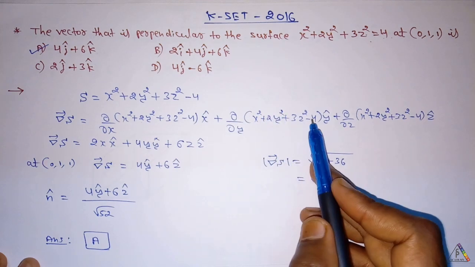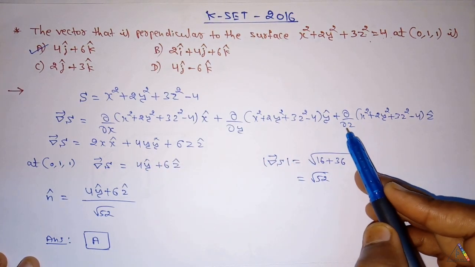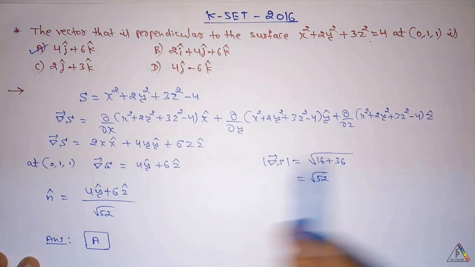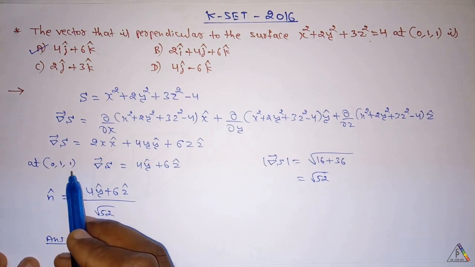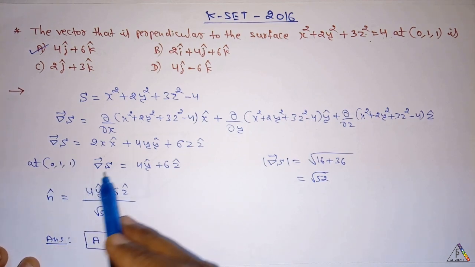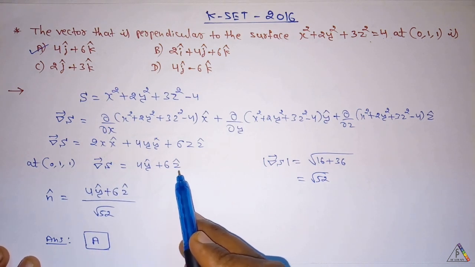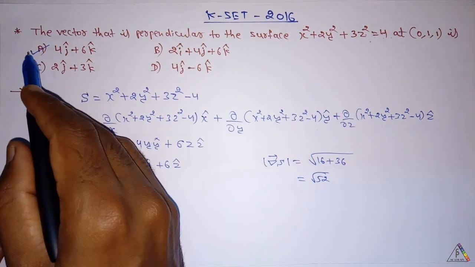Similarly, if you differentiate this with respect to y, 4y into y cap, differentiate partially with respect to z, 6z into z cap. At these points x is equal to 0, y is equal to 1 and z is equal to 1, then this del bar s is equal to 4y cap plus 6z cap. Therefore the option is A.